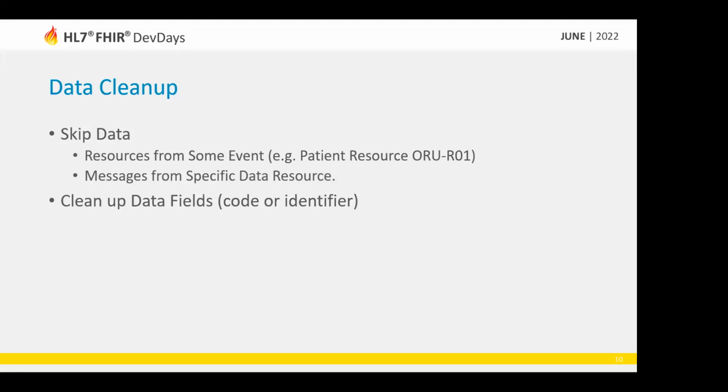So if there's no patient or encounter resource related to the ORU message, we create one. But if there's already a patient or encounter resource, we will not update the patient or encounter resource based on the ORU message. Also, there's a lot of data coming from some other tools which is not relevant to our application. We simply skip those data altogether.